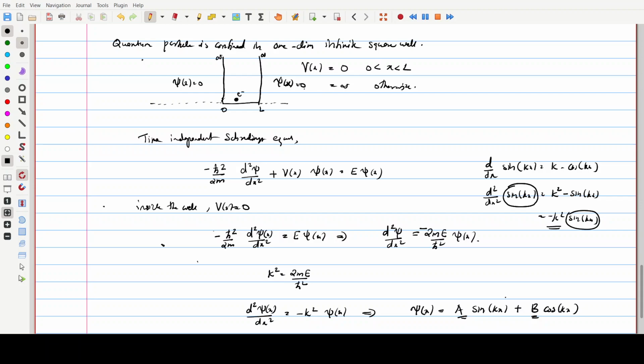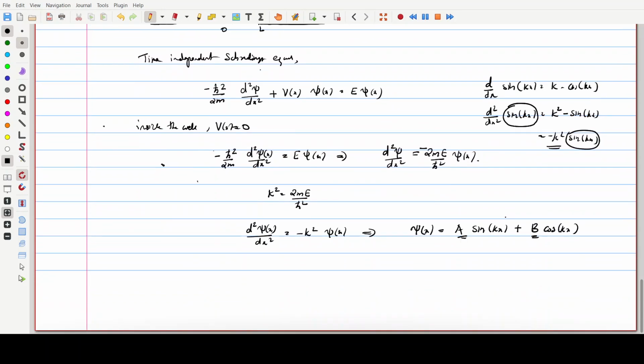And we know that this wave function must be continuous at every point. So it must be continuous at x equal to 0, and at x equal to L. So since the wave function is 0 for all points before x equal to 0, and 0 for all points after x equal to L, then the wave function must be 0 exactly at x equal to L as well as exactly at x equal to 0. So these are the two boundary conditions I am going to use.